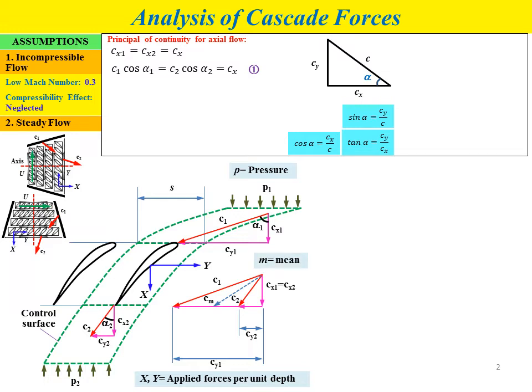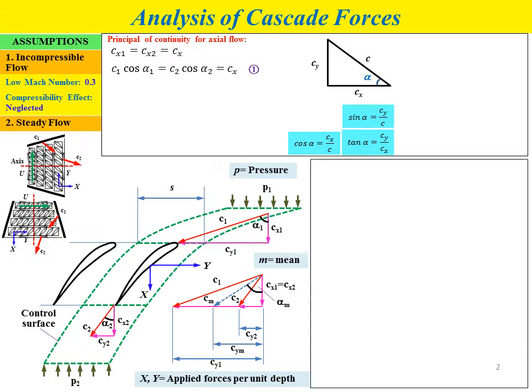So m represents the mean velocity vector. For this mean velocity vector, we also have the Y component Cym and the X component Cxm, equal to Cx1 and equal to Cx2, and the angle for the mean velocity vector is represented by alpha m.